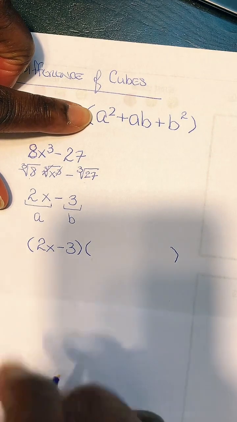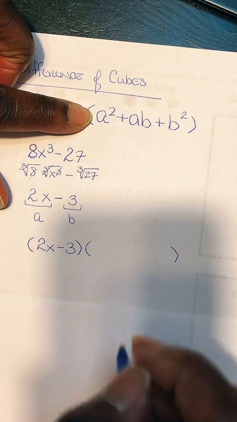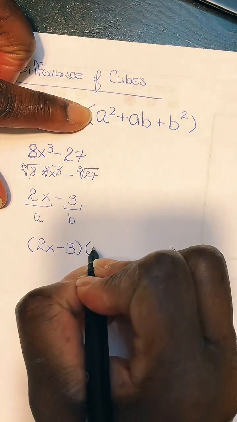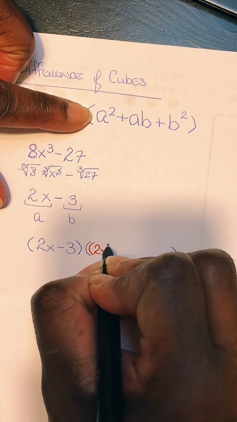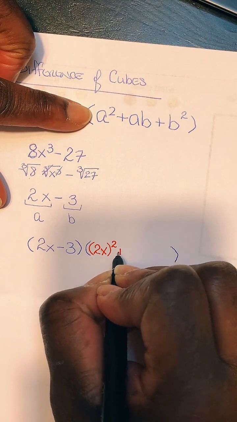So what is 2x squared? I'm going to put them as parentheses and I'm going to change colors so you can see it. So the first part is going to be 2x squared. Bring down the plus sign.